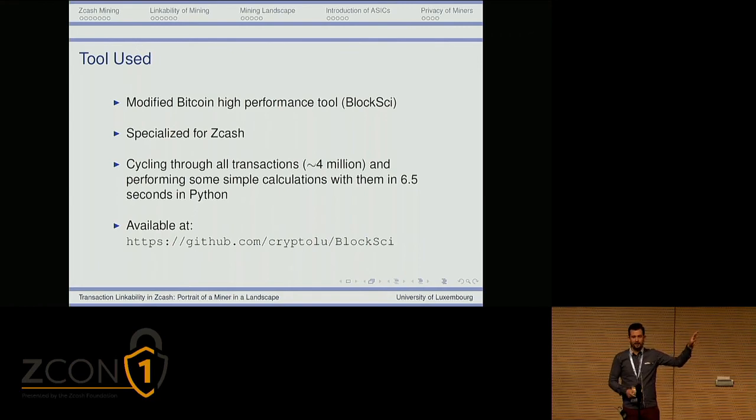Using that Python library to cycle through roughly 4 million transactions and do some simple calculations with each one of them took roughly 6.5 seconds on a regular PC. The tool itself is available on our GitHub page at the link.